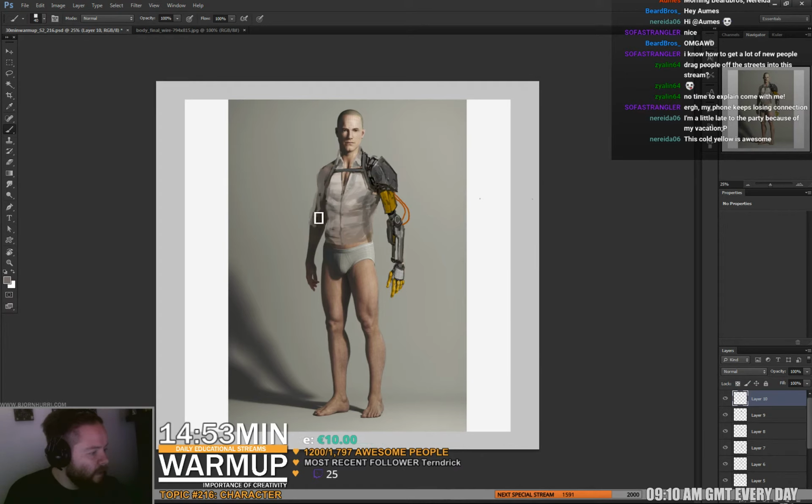So let's give him rolled up sleeves, because usually when you roll the sleeves up, you mean business, right? You need to have your hands available.